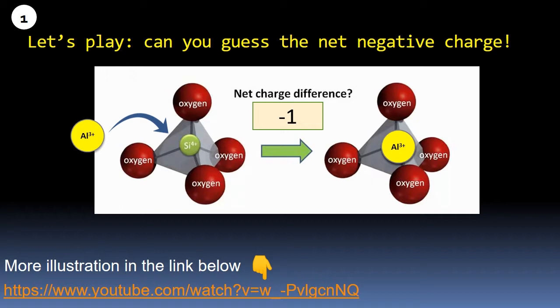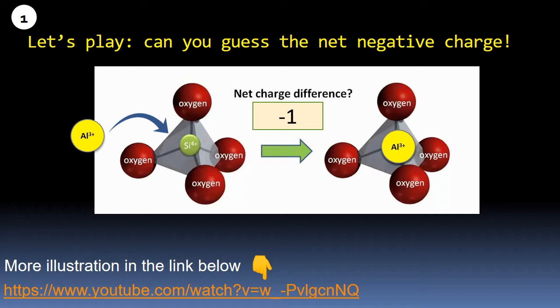Remember, each one of the oxygens is -2. So when you replace it with aluminum, it can still attract 4 oxygen atoms, but it will end up with 1 negative charge.